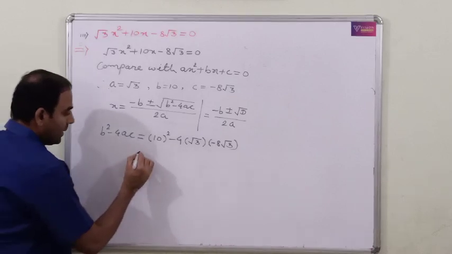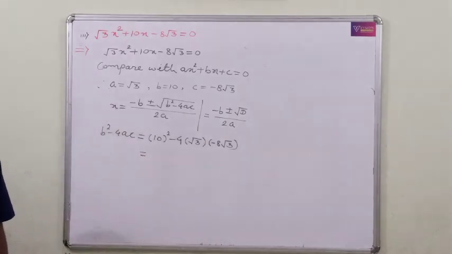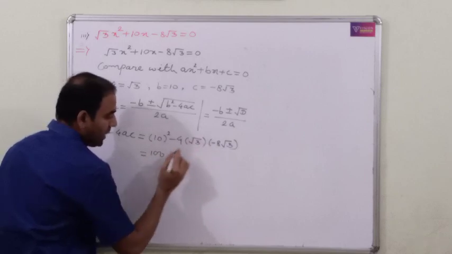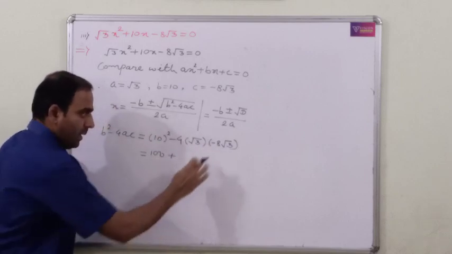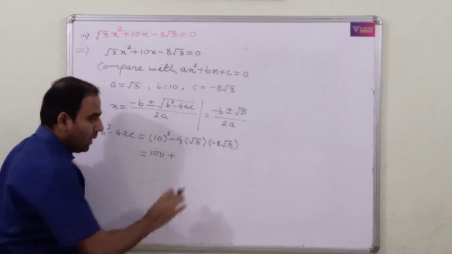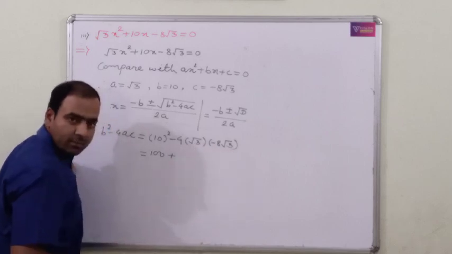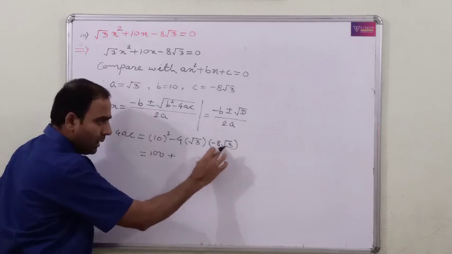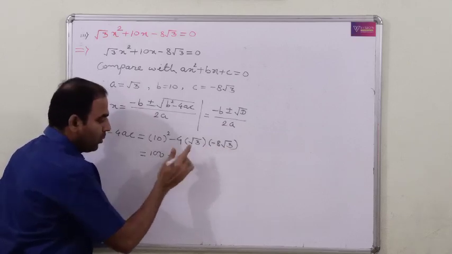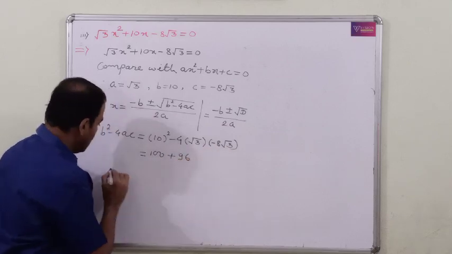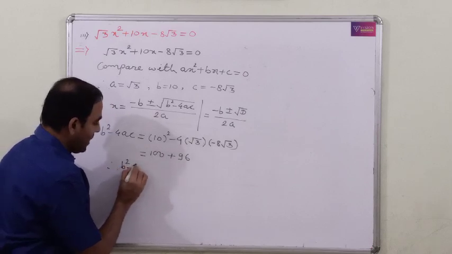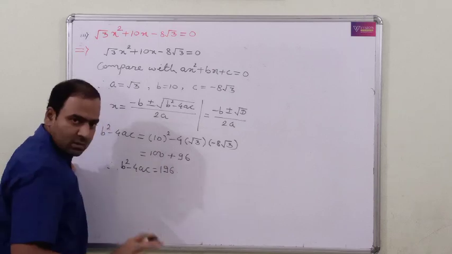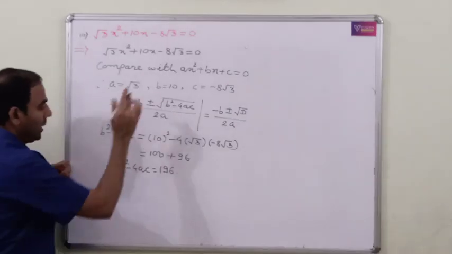Okay, so we get 10 square as 100 minus into minus plus, 8 4s are 32. Okay, √3 into √3 is 3, 8 3s are 24, 24 4s are 96. So we get b square minus 4ac as 196. Got it?